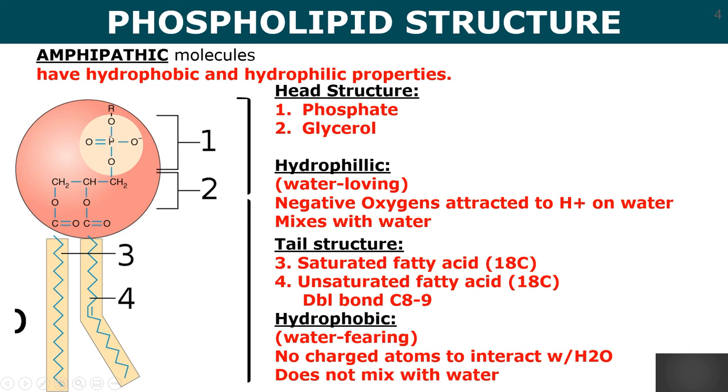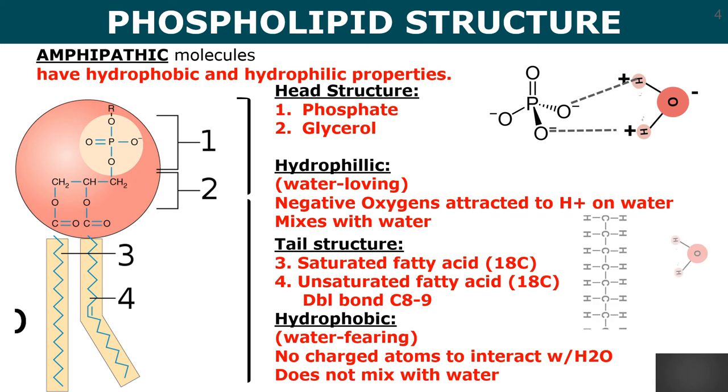This whole part is considered hydrophilic, which means it's attracted to water. The phosphate has negative charges on those oxygens, and those negative charges are attracted to the partially charged hydrogens on water. So it's going to mix really well. They form bonds and are attracted to each other. That's why it's called hydrophilic.